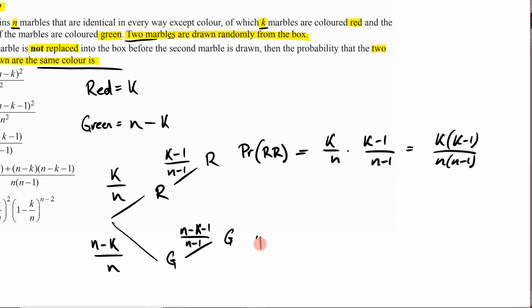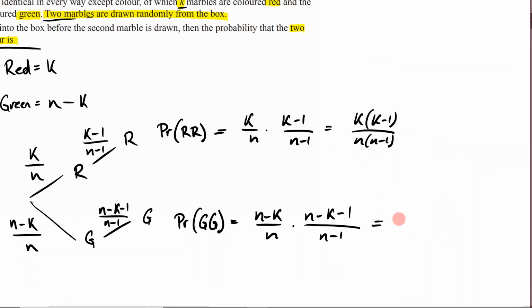And then the probability of me going g, then g, is going to be n minus k over n multiplied by n minus k minus 1 over n minus 1. And that is going to be n minus k minus 1 over n minus 1.